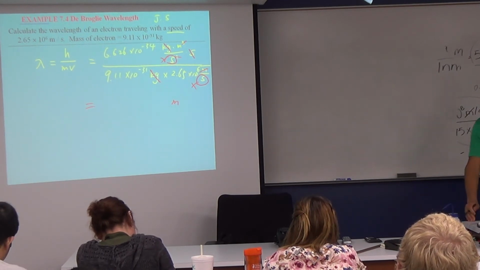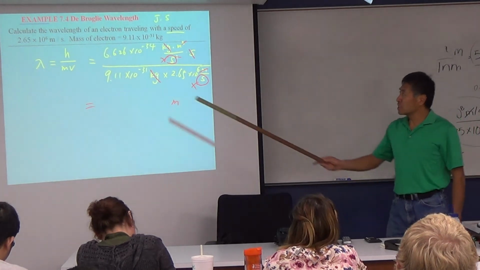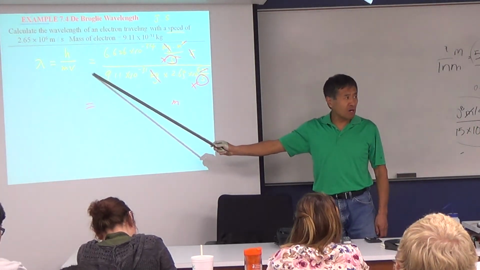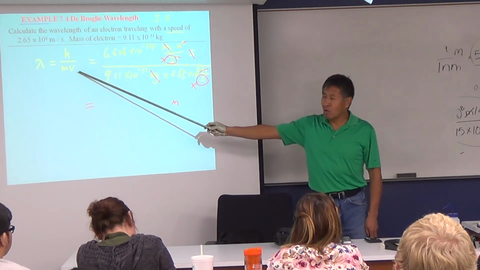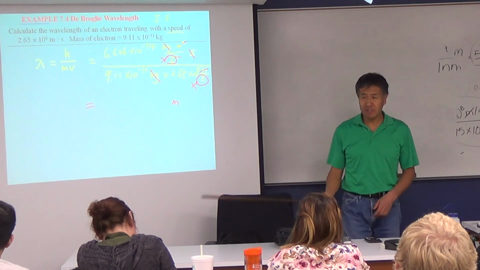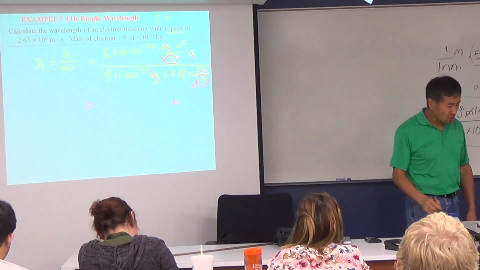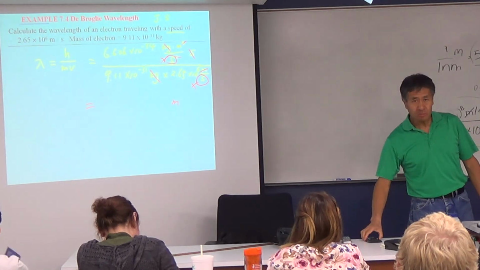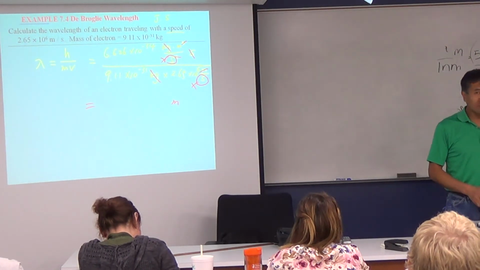So just remember, you want to use this number for h, your mass should be in kilograms, and your velocity or speed should be in meters per second. Once you do that, the unit will come out and you get meters. Anyone get some number?